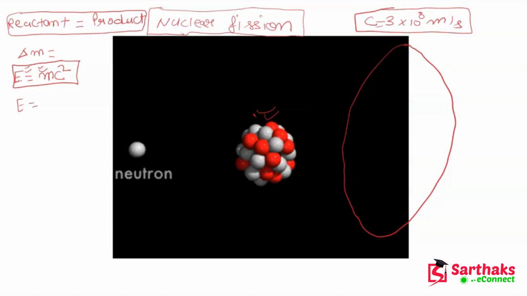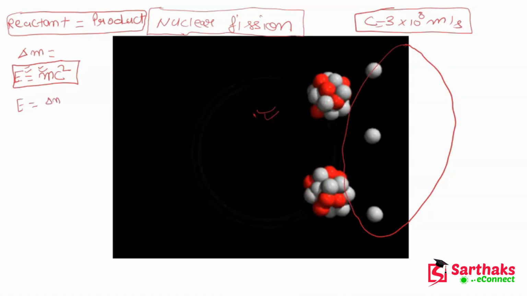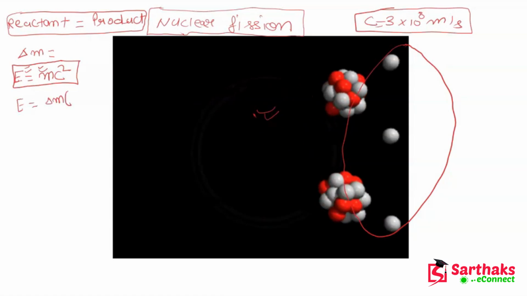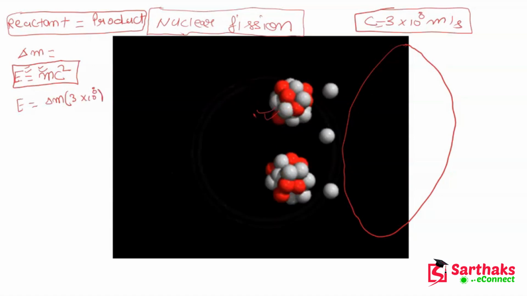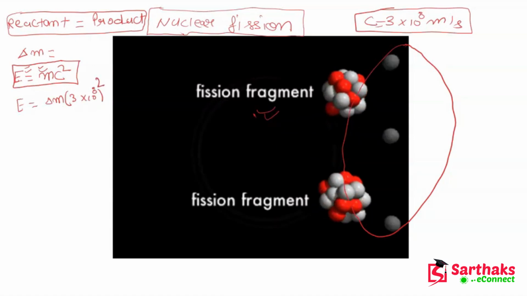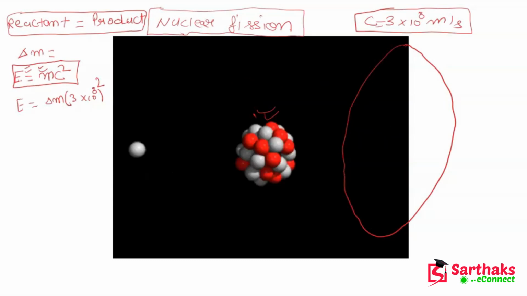So you can see that even if delta m is very small, this delta m is multiplied with the square of the speed of light, which is already very high.